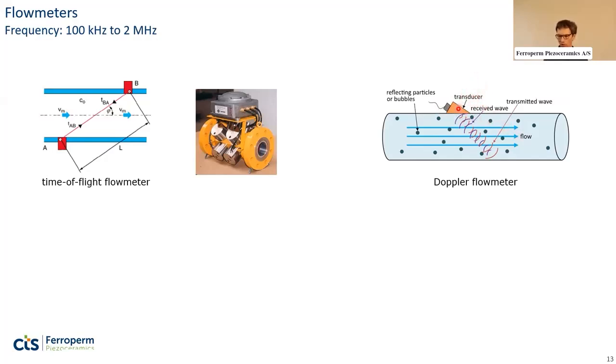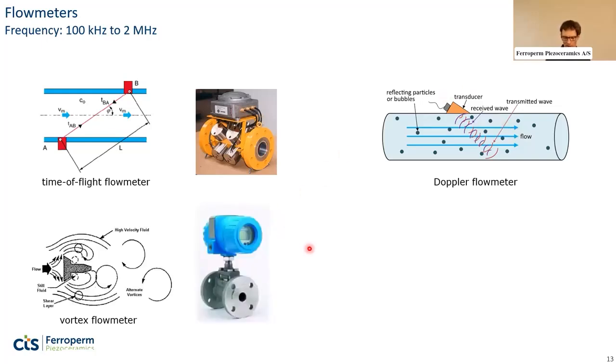So that will actually give you a measure of the velocity of the flow. But for this, you need some kind of reflectors inside the liquid. So it could be bubbles. It could also be some particles like sand particles in a river or something.